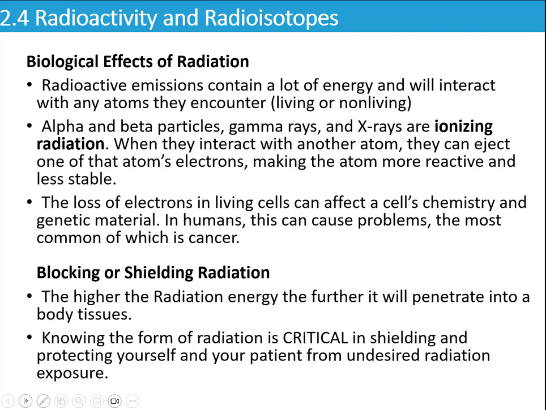So what's the issue with radiation? Whether we're talking about alpha, beta, gamma energy, or even X-rays, all of those produce radiation that is ionizing. Ionizing radiation can cause damage to molecules that it comes in contact with. This can make a molecule not work anymore.